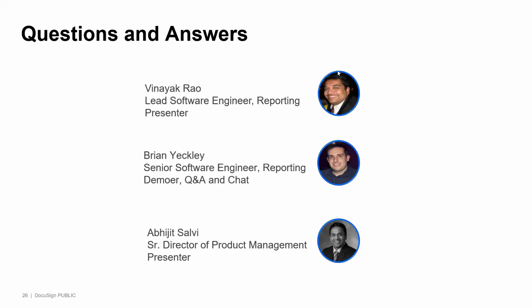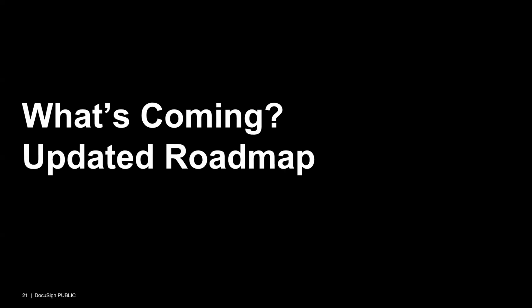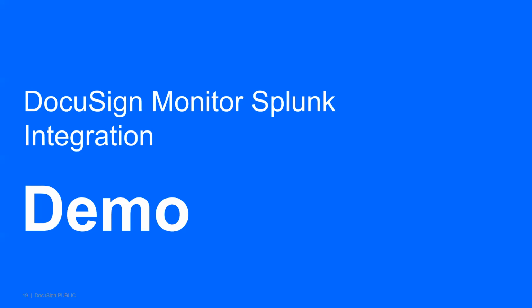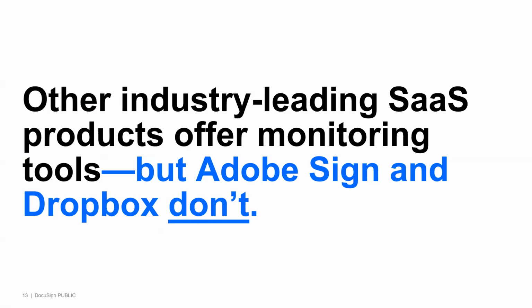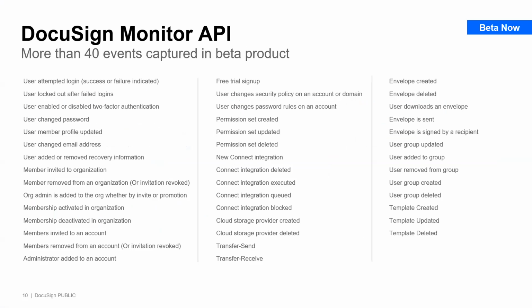So again, some of the questions that we get are around the list of events that we have. If you want, I can go back to the list of events that we are currently enabling in beta. As you see, these are across 3 main buckets. Like we talked about, it's login and access abnormalities. That's the first bucket. So events like multiple failed logins, instances where we see a user who has logged in from Seattle, but 2 hours later they logged in from North Korea.